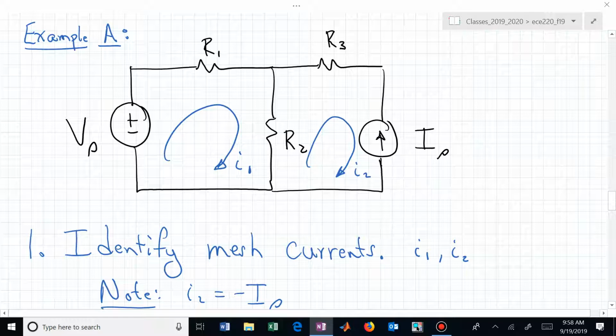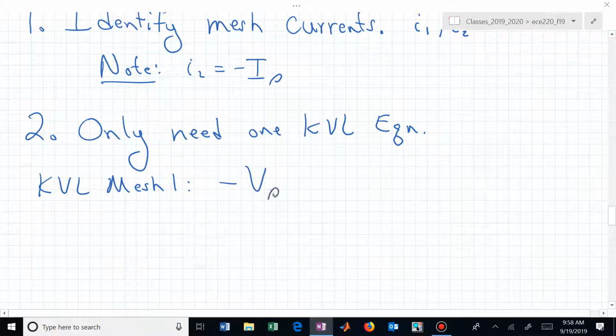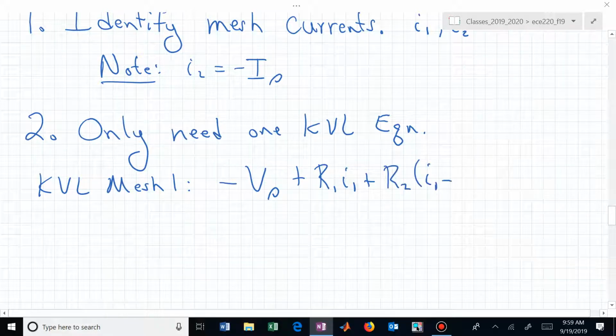The net current going down is I1 minus I2. This is now minus V sub S plus R1 I1 plus R sub 2 times I1 minus I sub 2 is equal to 0.